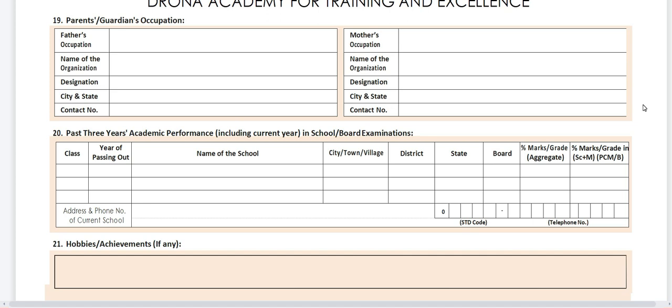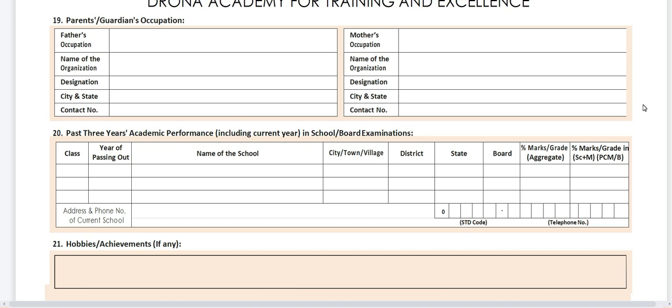Just remember, do not provide any fake percentage, because you have to provide the xerox of your last year mark sheet, so that will be verified at that particular time. When we move to the next, I think only one will be more than enough.